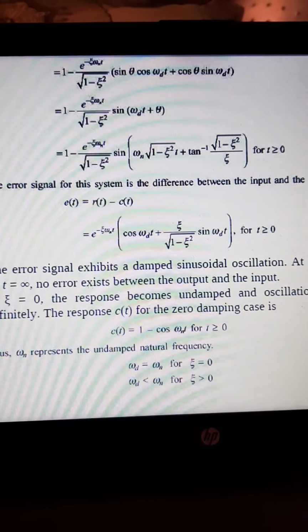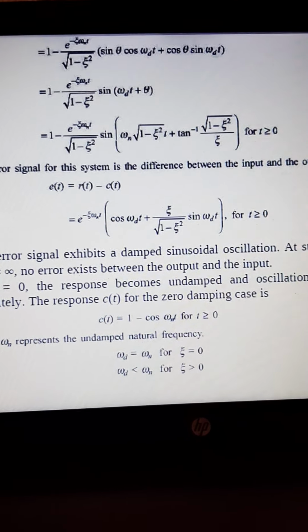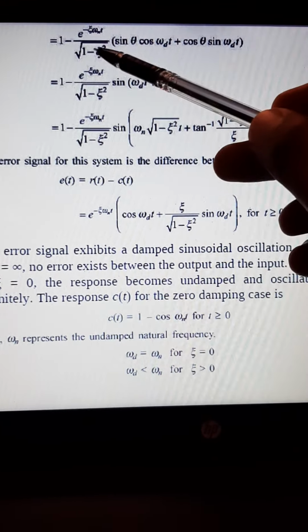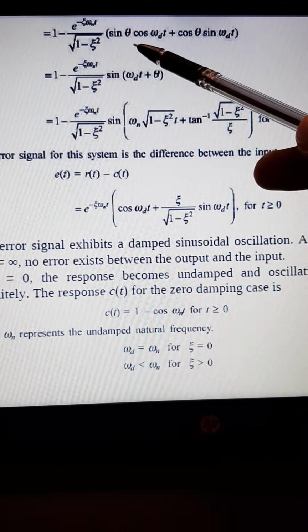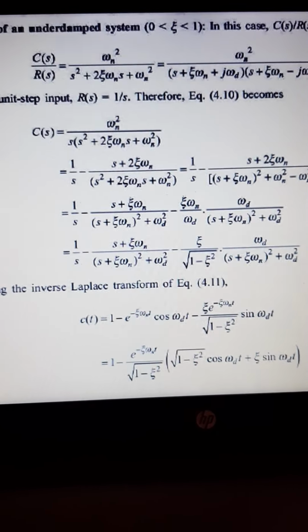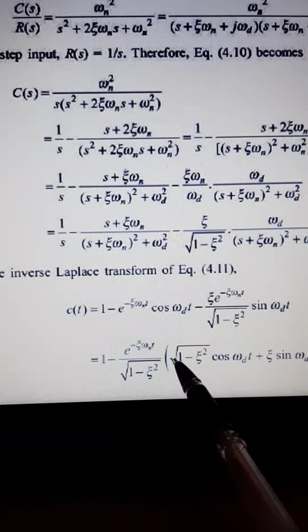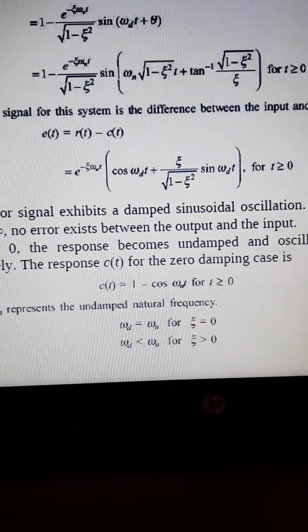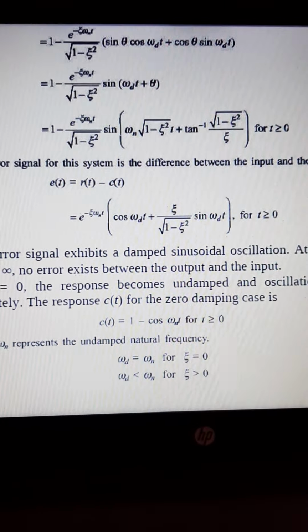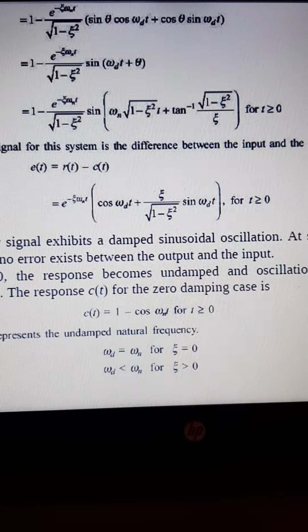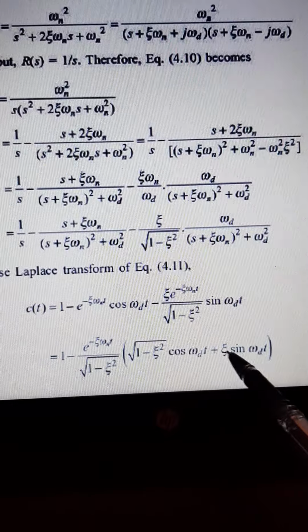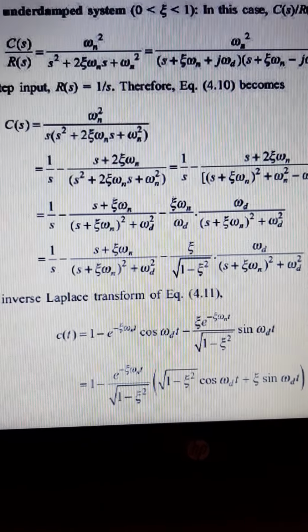What they did is 1 minus e to the power of minus psi omega n t divided by square root of 1 minus eta square, into sin theta cos omega d t plus cos theta sin omega d t.